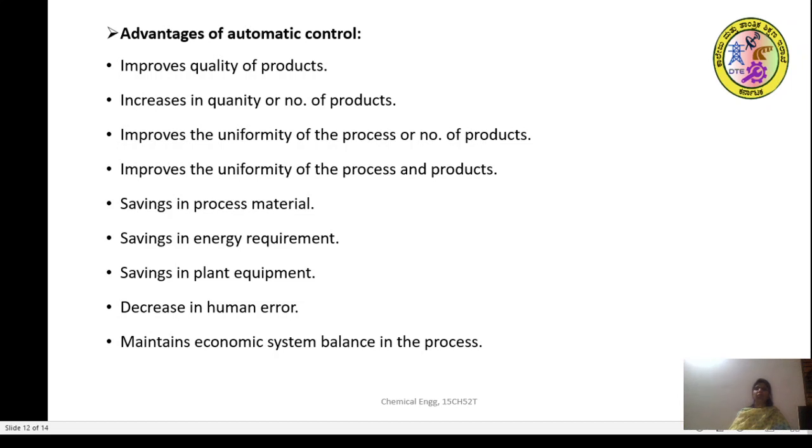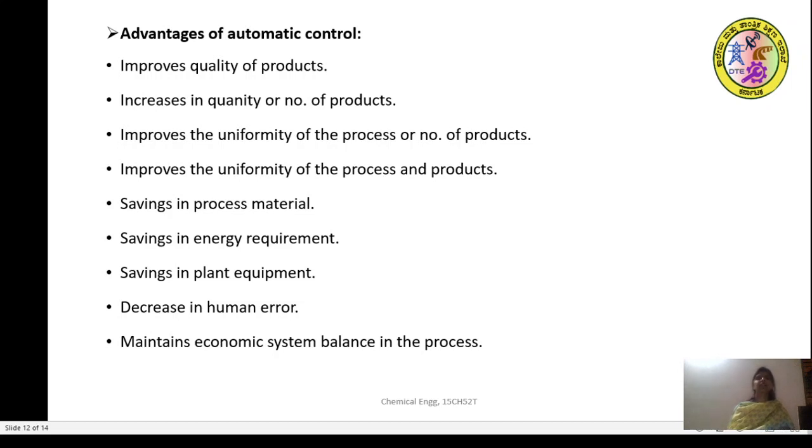Overall we can say: quality, quantity, and uniformity of the process, savings in process material, reduced energy requirement, and savings in the equipment required to run a particular process. Manual error and manpower can be reduced, and the overall economic balance of any particular process can be maintained.